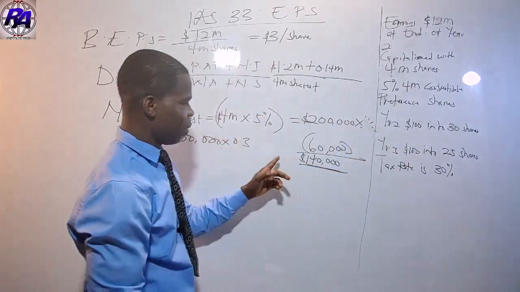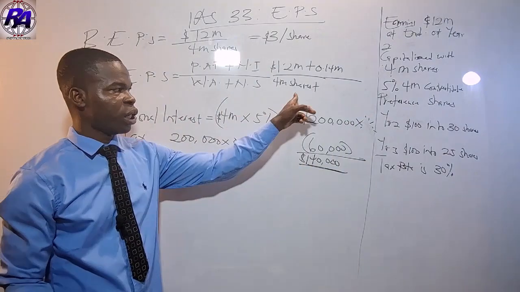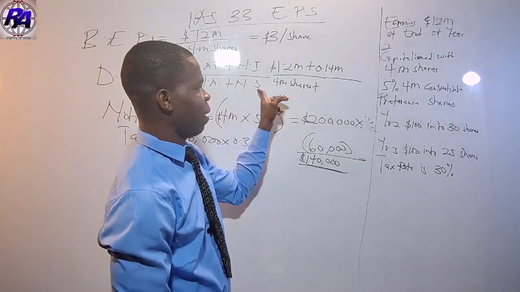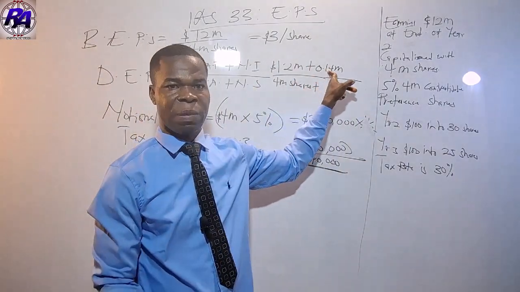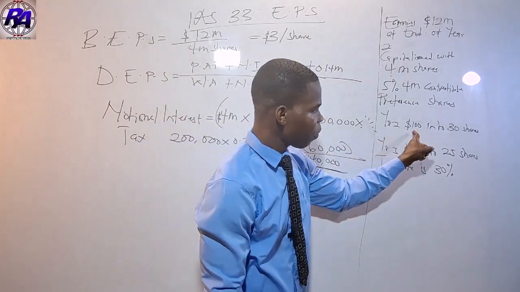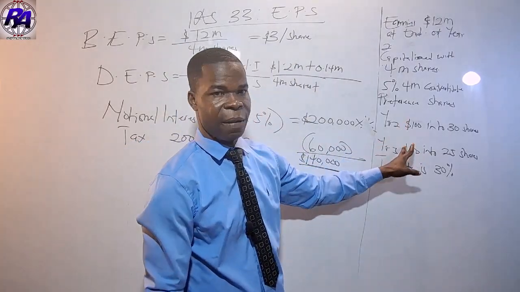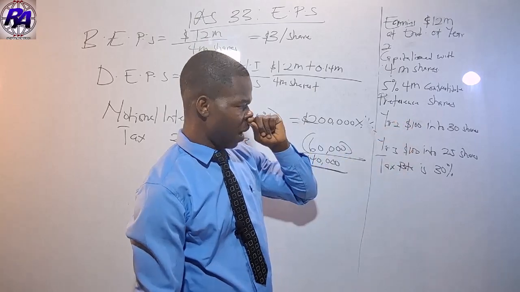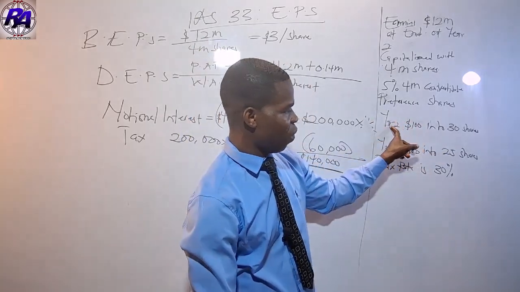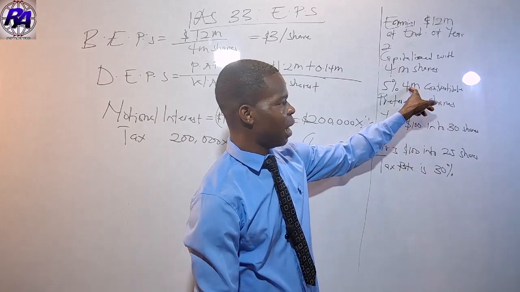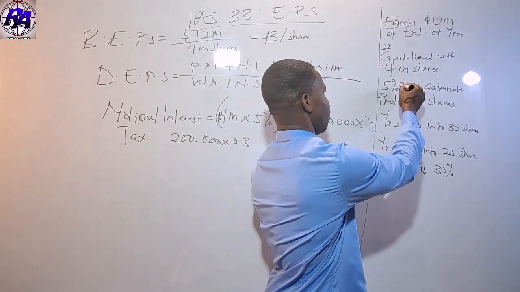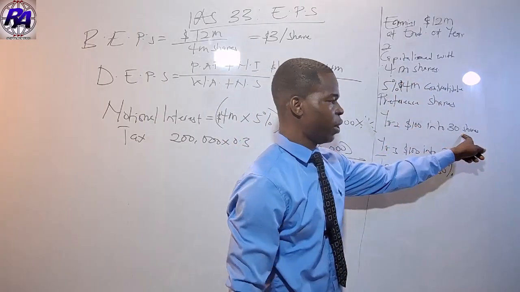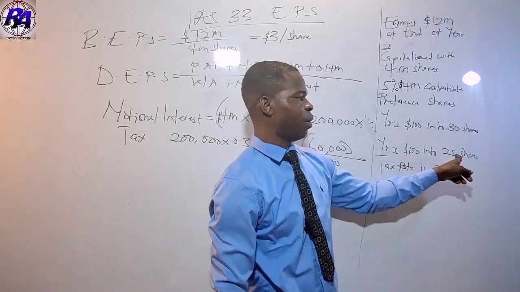All right. Now let's look at how to determine the notional shares. Now we have our notional interest or notional profit. Now, they said that we are having two options here. The first option is every $100 of the convertible instrument to be 30 shares, and the other, every $100 to be 25 shares.